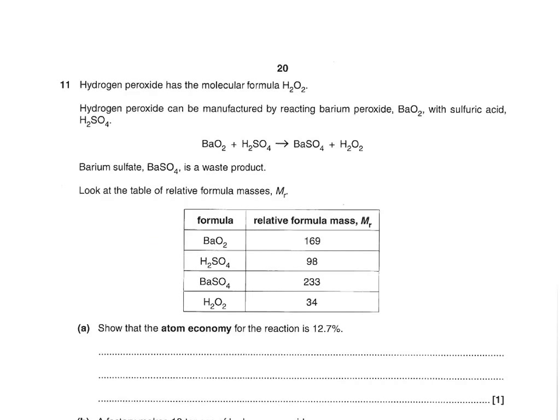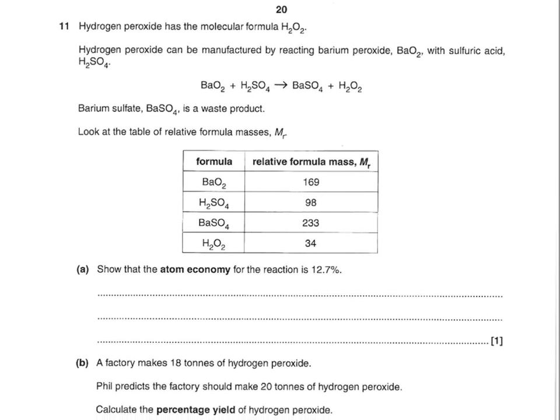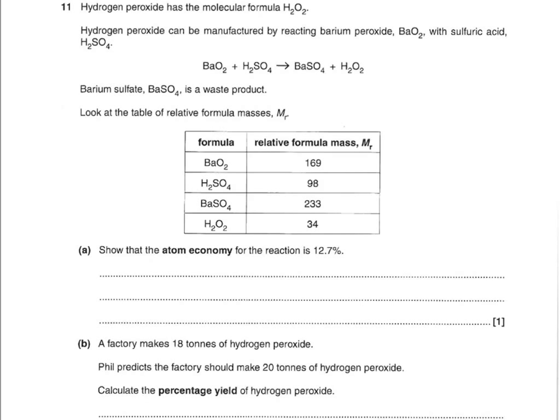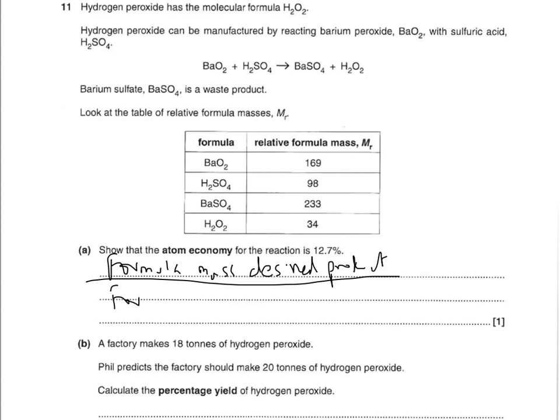This next question asks you to work out the atom economy for this reaction here. Now remember, the formula for atom economy is the formula mass of the desired product over formula mass of all products.